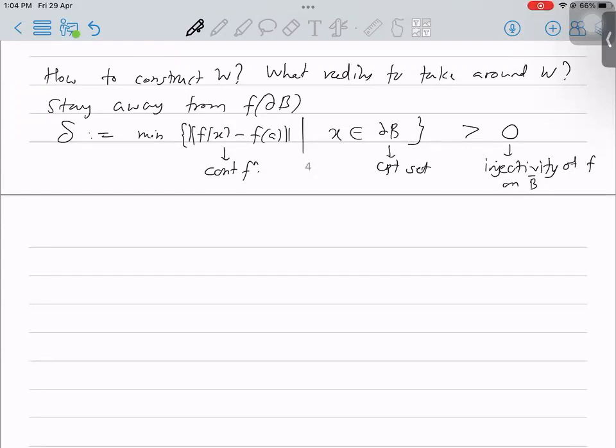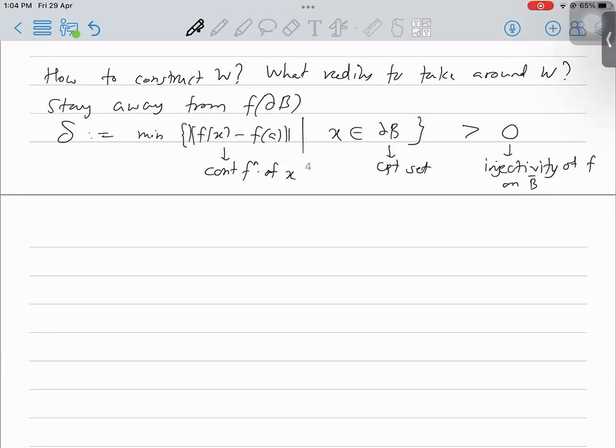Remember, x is in the boundary of B. That's all. I'm simply taking f of all of those things. Injectivity of f on B bar means that f of none of those x's is equal to f of a. So therefore, this function is always a positive, continuous function of x.